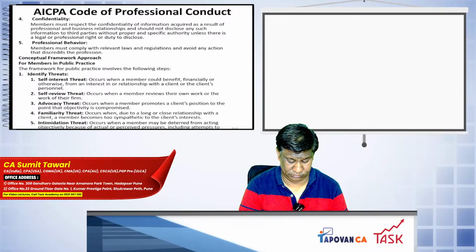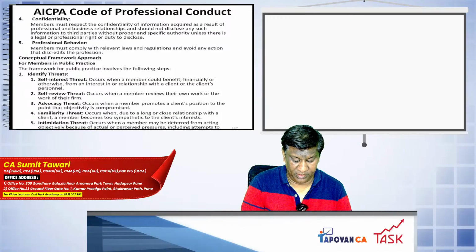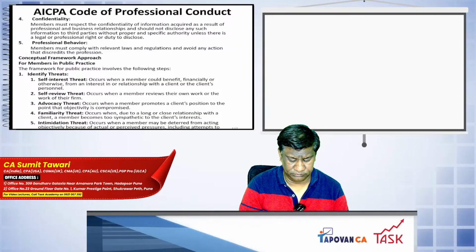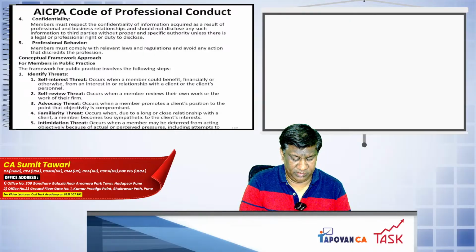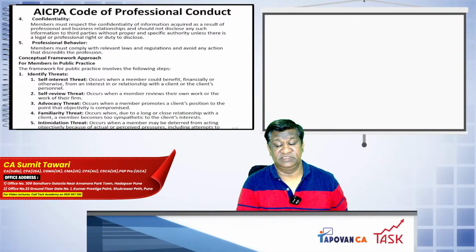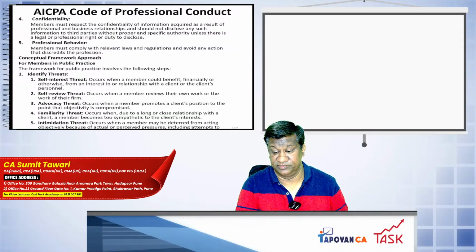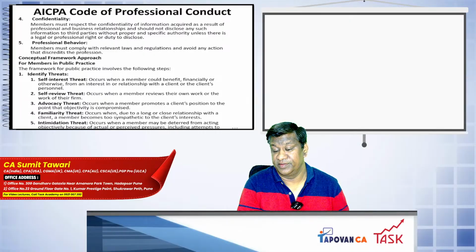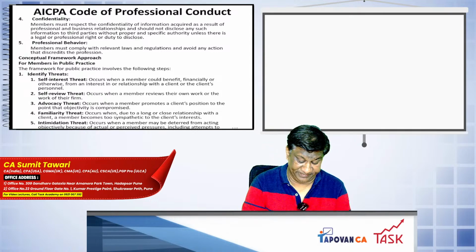The auditor must not get involved in management activity. See, this is basically the independence approach, not professional behavior. That is, if the CPA is doing a job, he should not get involved in management activity.